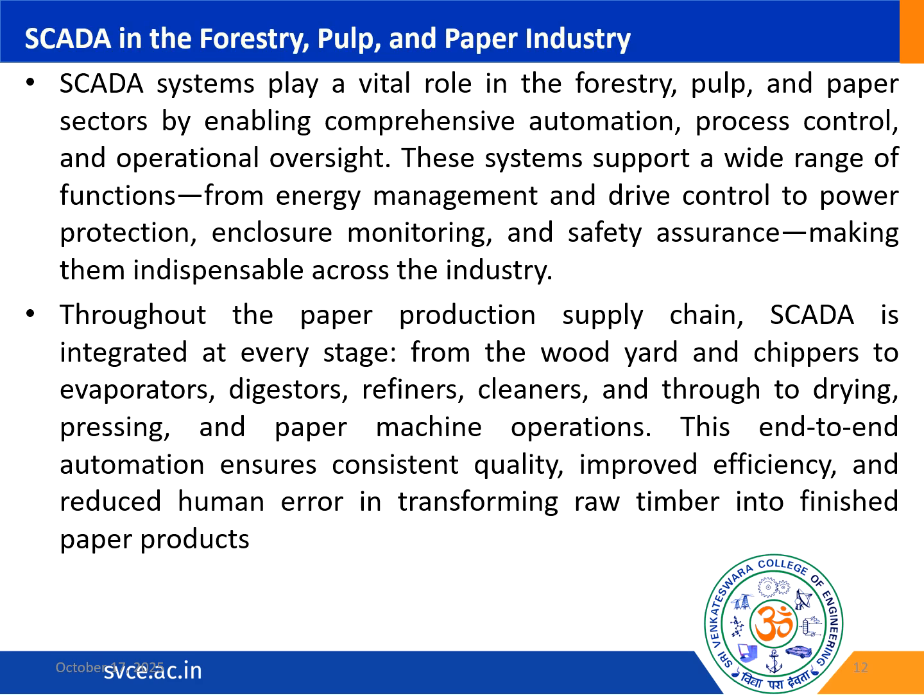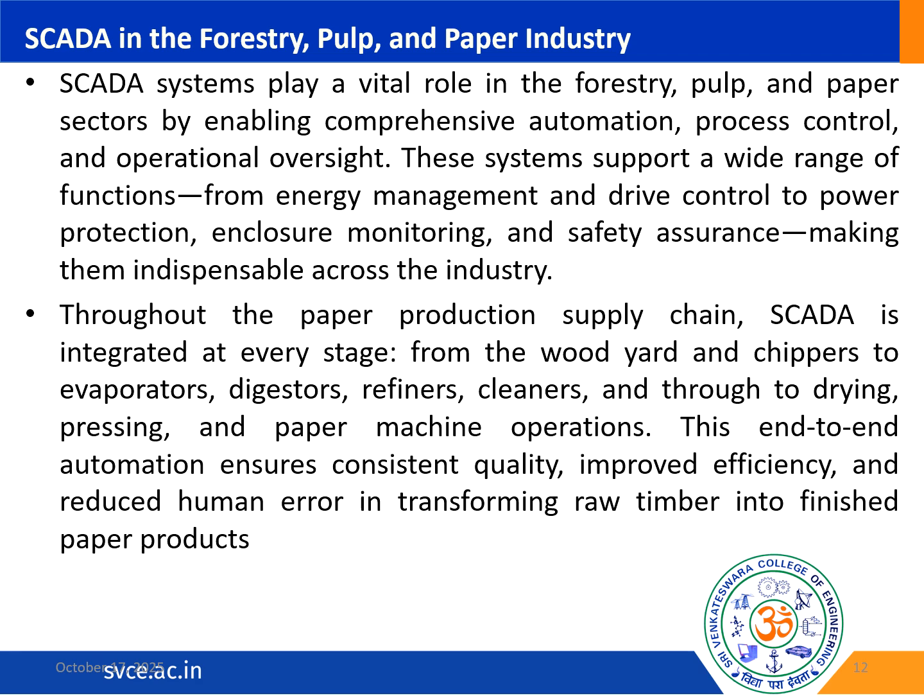Next we'll be seeing an application of using SCADA systems in the forestry, pulp, and paper industry. The forestry, pulp, and paper industries also rely on SCADA systems. Here also everything has to be done with automation and process control. Whenever we use automation and process control for energy management, drive control, power protection, enclosure systems, and safety, everything has to be considered.